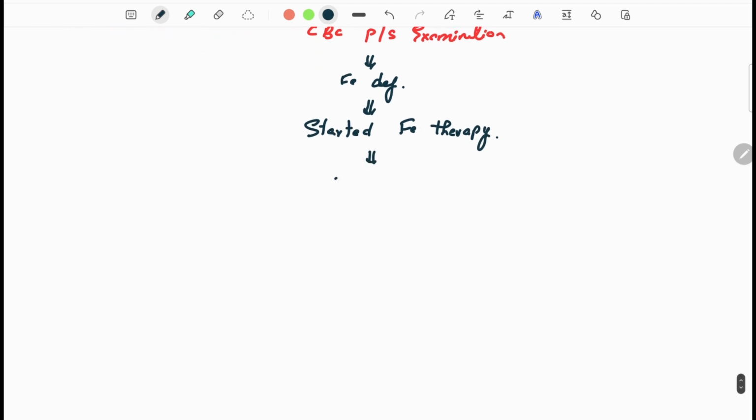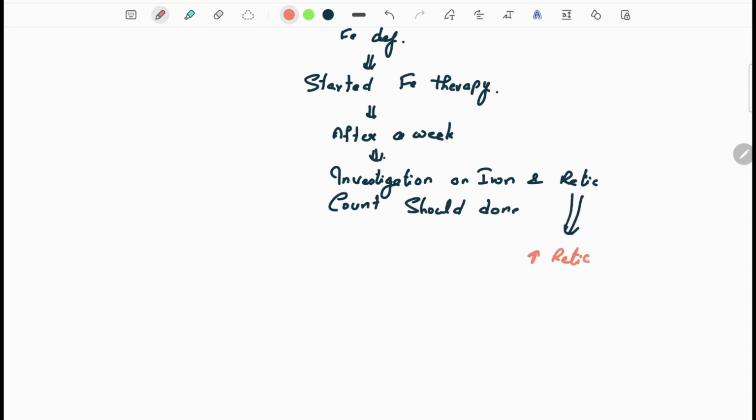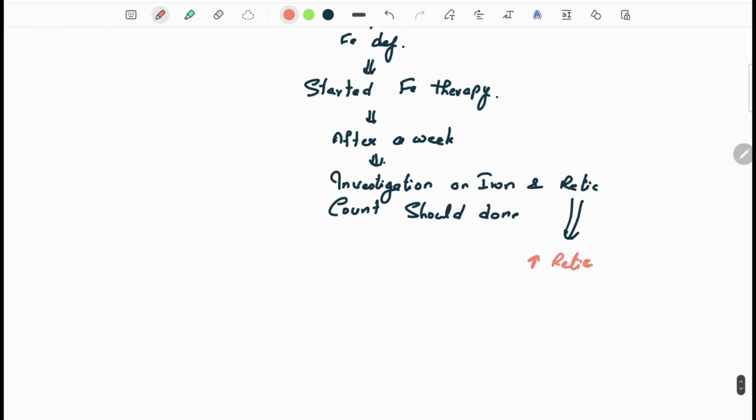And after a week, investigation on iron and retic count should be done. If the retic count increases, it shows that the iron therapy is working. So we should continue the iron therapy.